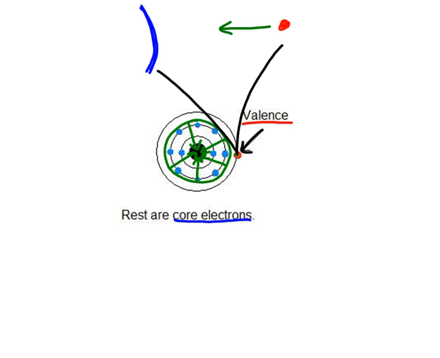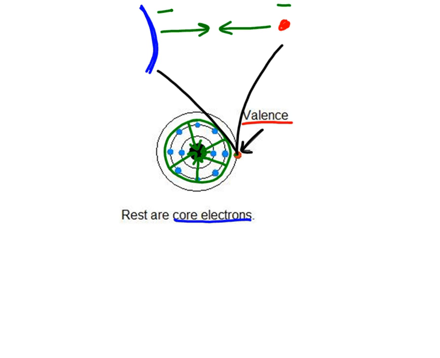But remember, all electrons are negatively charged, and the same reason protons and electrons are attracted to each other is why electrons repel each other. So these electrons in this blue energy level, indicated with all these little blue dots, are negatively charged. This electron right here is negatively charged, so it's actually pushing back against that valence electron. And it actually shields it.